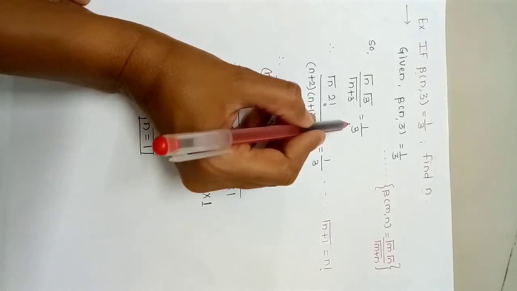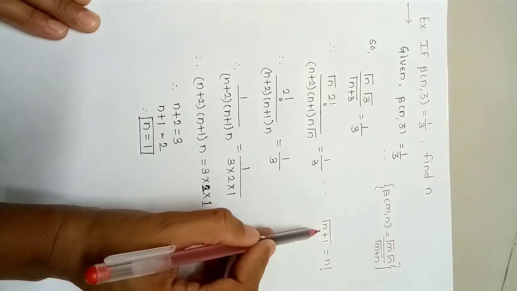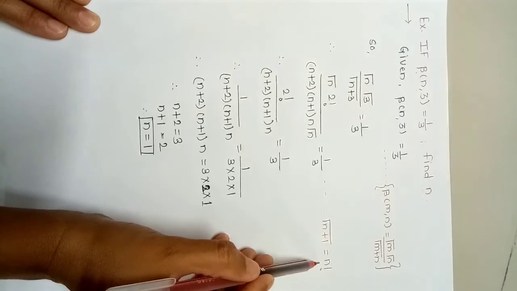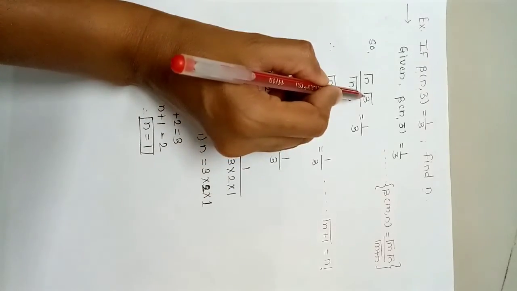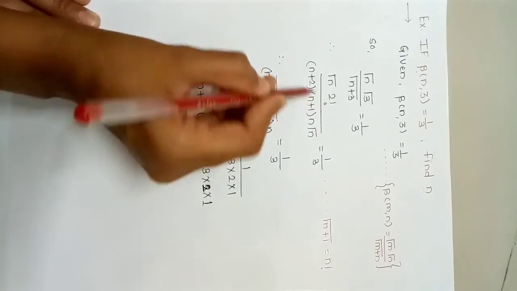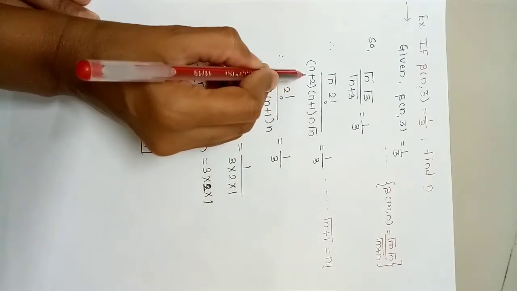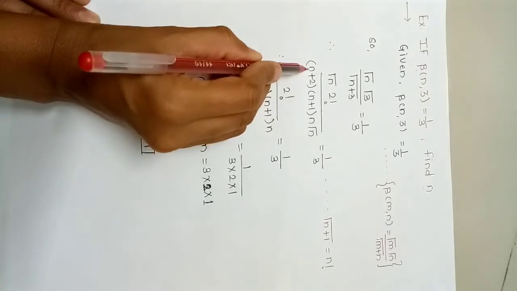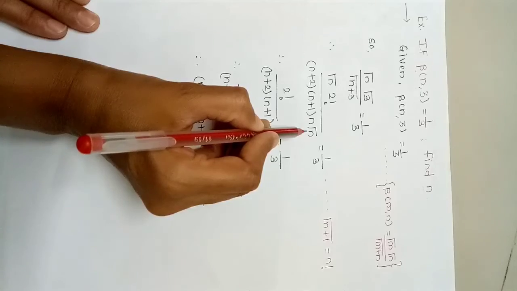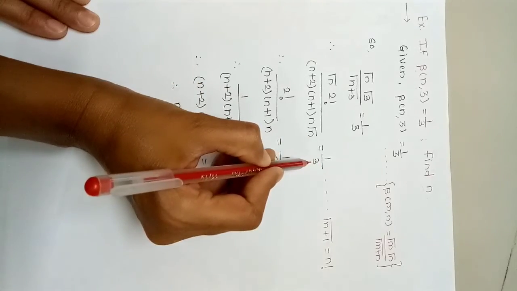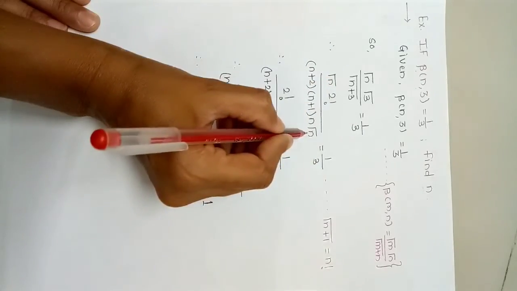Now again we apply one more result, that is gamma function of n plus 1 is equal to n factorial, and therefore we get gamma function of n, gamma function of 3 is nothing but 2 factorial, upon gamma function of n plus 3 is nothing but, according to this result, n plus 2 into n plus 1 into n into gamma function of n, is equal to 1 by 3.